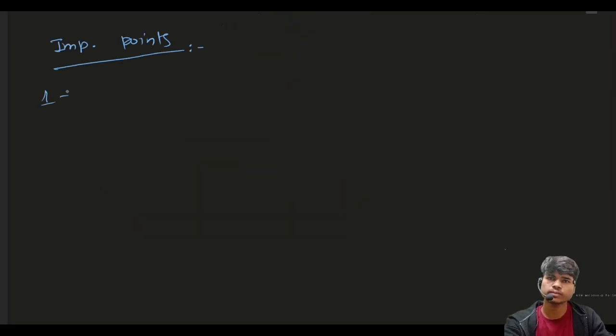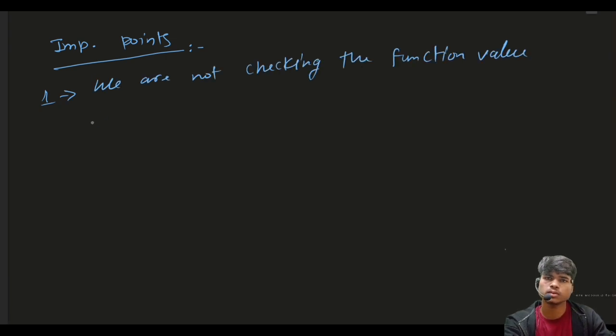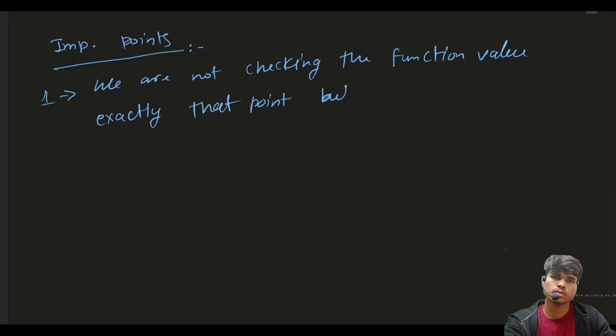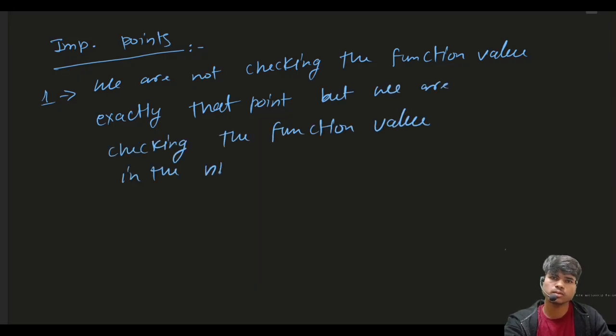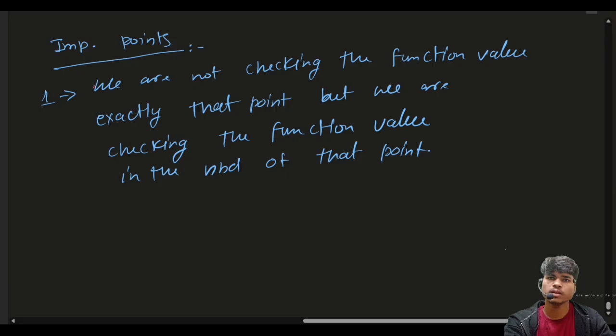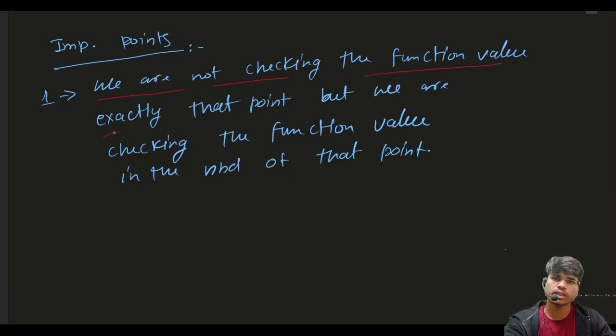First, in the concept of limit, we are not checking the function value exactly at that point, but we are checking the function value in the neighborhood of that point.